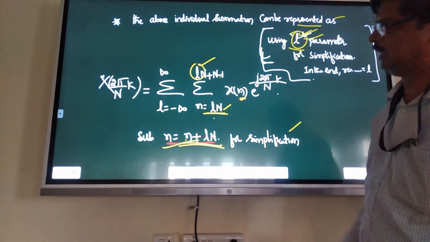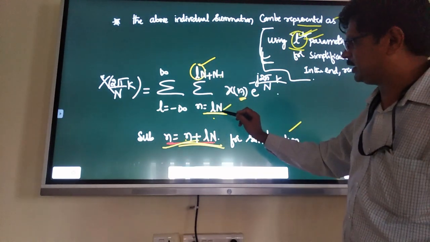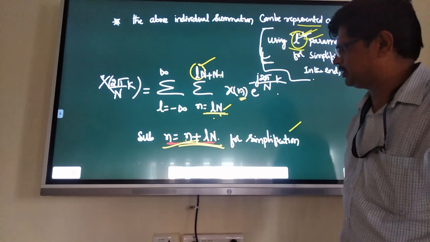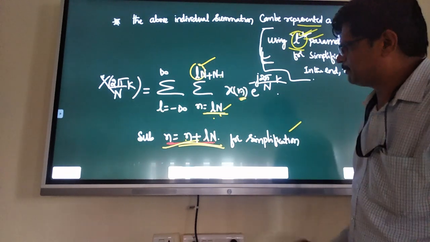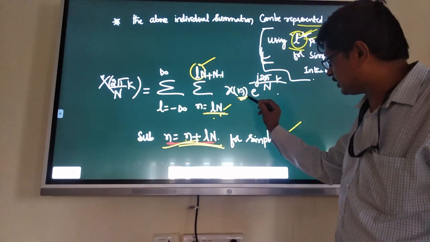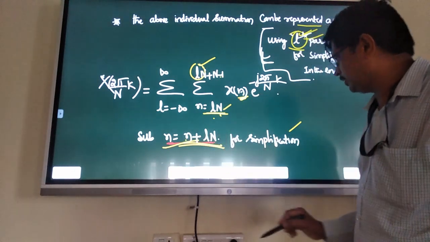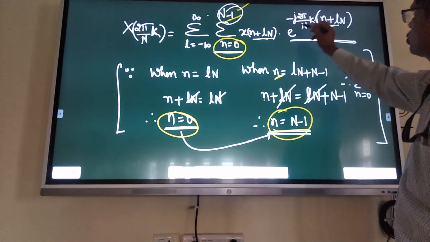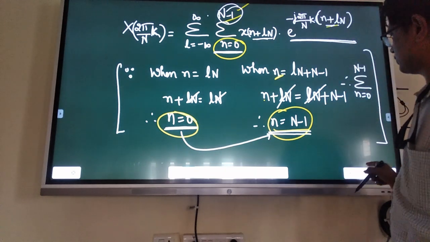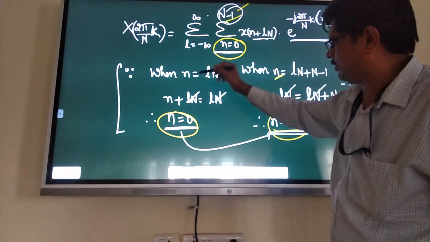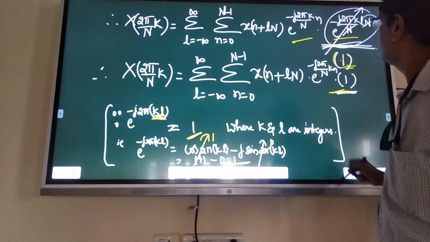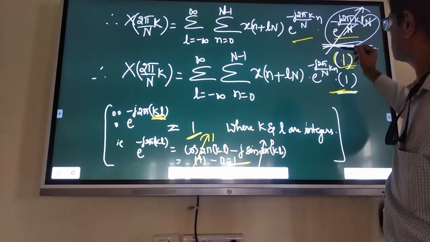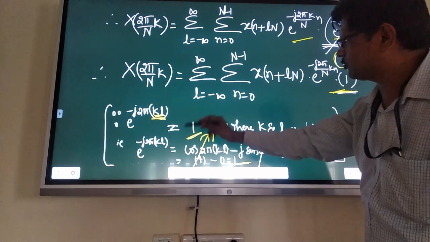Then add the lN parameter in the lower and upper limits just to get simplifications. Then substitute the inner n as n plus lN, and you get two terms here. I expand these two, and this equals 1, as I have shown here.